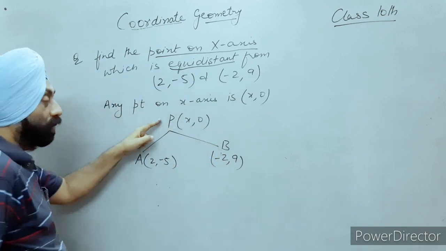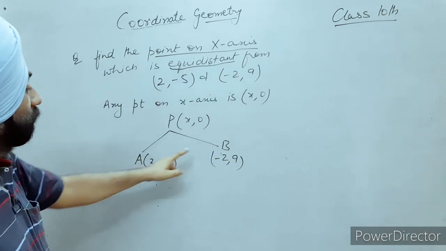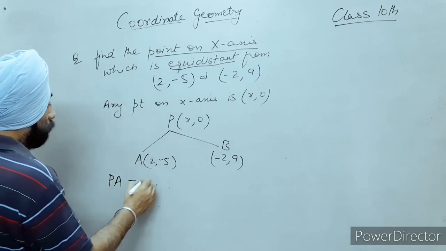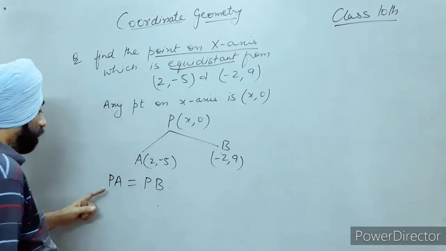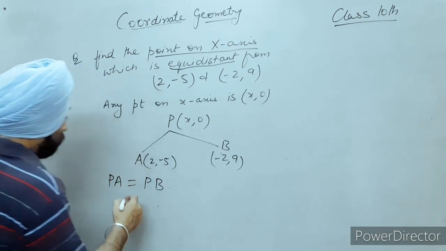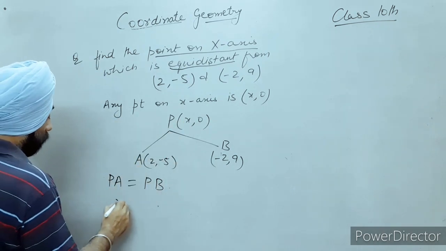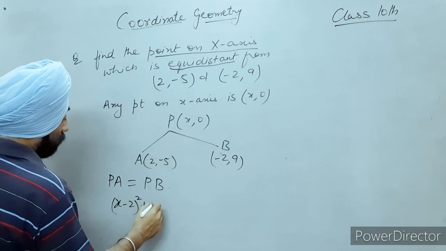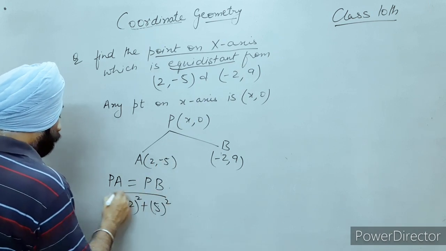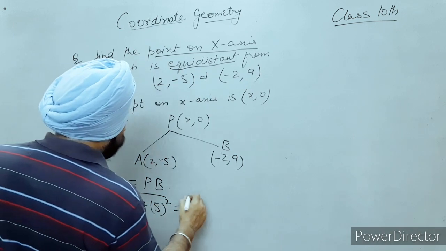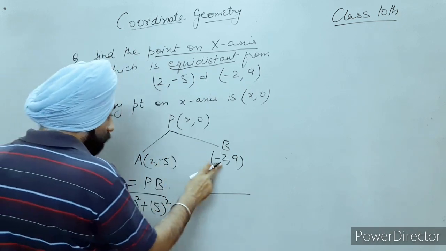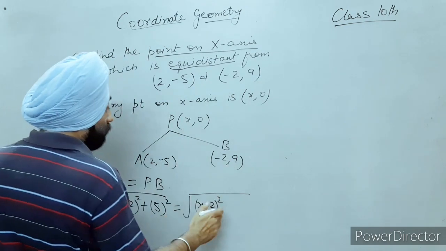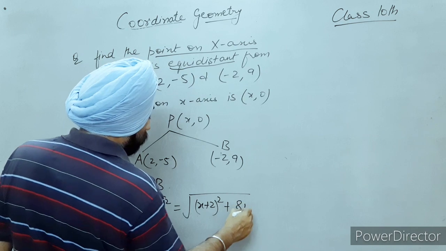It is given that point P is equidistant from A and B, that is PA equals PB. Now PA is the square root of (x - 2) whole square plus (0 - (-5)) square, that is 5 square, and this must be equal to PB, which is the square root of (x + 2) square plus (0 - 9) square, that is 81.